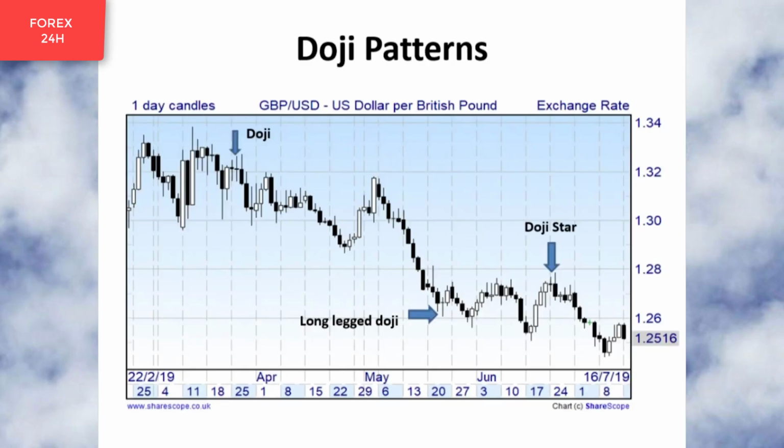Okay, let's change this onto a chart so we can get an idea as to how to apply these. This happens to be the US dollar against the pound, but of course these candlesticks apply to pretty much every single tradable chart in the world. Explain what's happening.